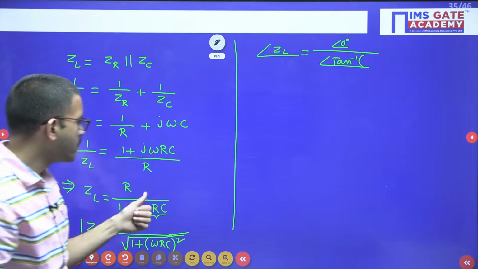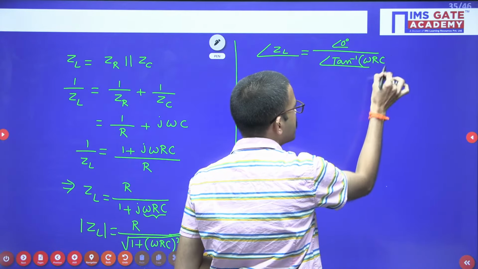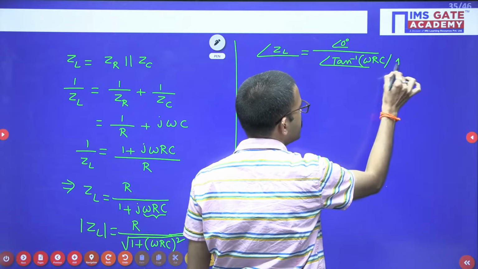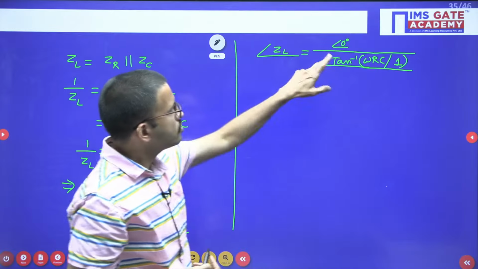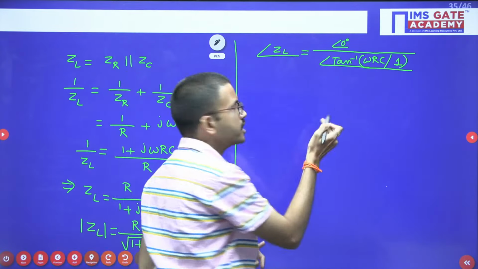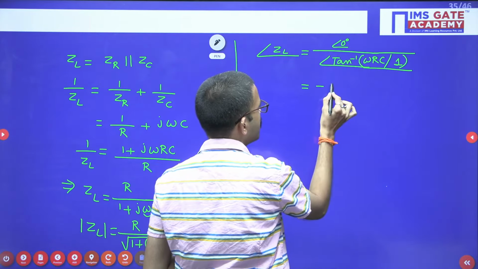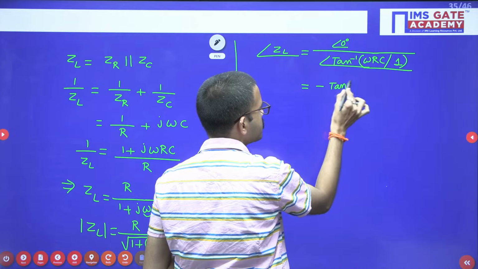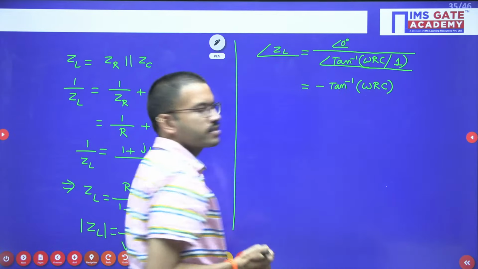Here the imaginary term is omega RC divided by the real term, which is 1. So this is the phase angle. Now the denominator phase angle, if you bring it to the numerator, will become negative. So 0 minus this phase angle, that means we can write minus tan inverse omega RC.